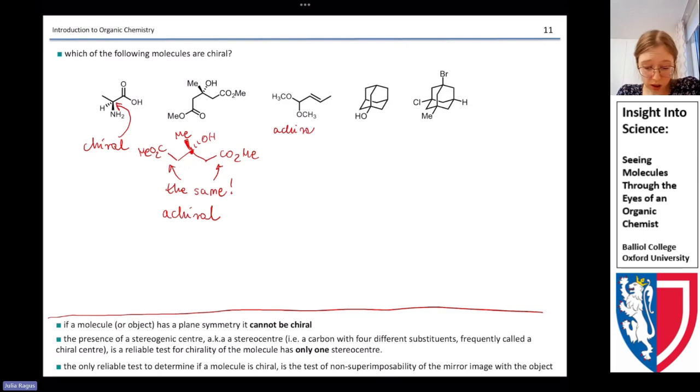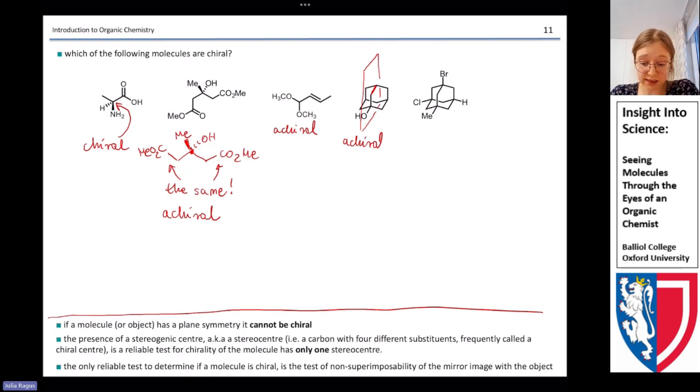With the next one, what you need to check is whether it has any plane of symmetry. In this case, the plane of symmetry is going exactly through this bond, the red one. So you end up with a molecule that is also achiral.